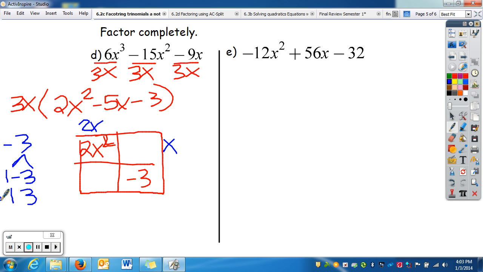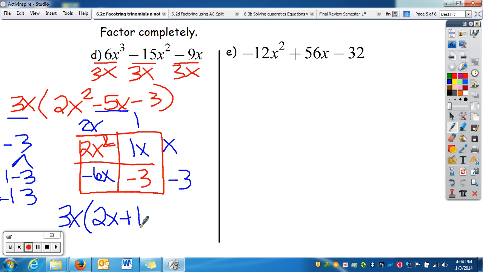So not too many to try. Alright, so trying it out, I'm going to do 1 and negative 3. So I get 1x and negative 6x. Oh, I got lucky right away. That adds up to my negative 5. So I am done. So I have 3x, what I pulled out earlier, 2x plus 1, and x minus 3.